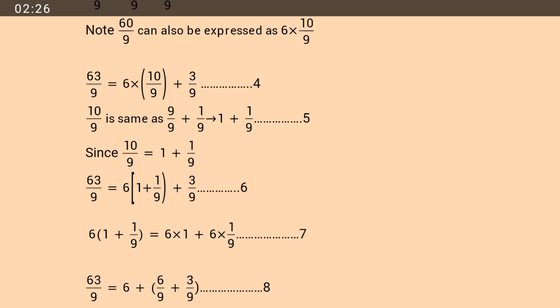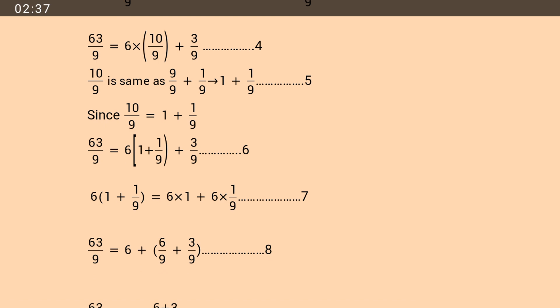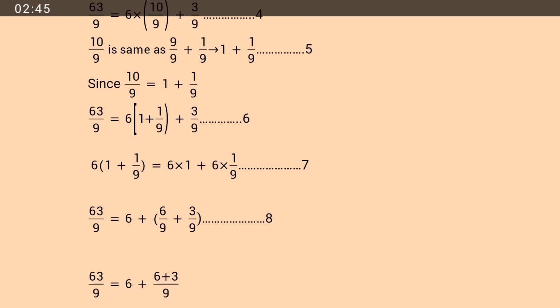So we said it's 6 times 10 over 9, so we are multiplying the 6 by 1 plus 1 over 9, as we can see in equation 6. It's 6 times, open bracket, 1 plus 1 over 9, close bracket, plus the 3 over 9. And 6 times 1 plus 1 over 9 is the same thing as 6 times 1 plus 6 times 1 over 9 in equation 7.